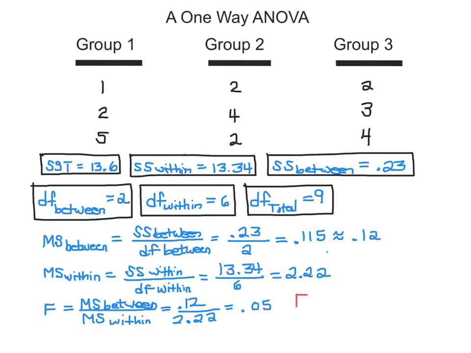Recall that our F critical is 5.1433. So our F value of 0.05 is less than our F critical of 5.1433. This is important.